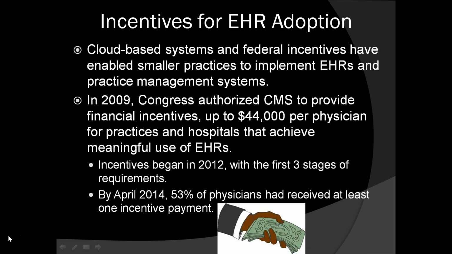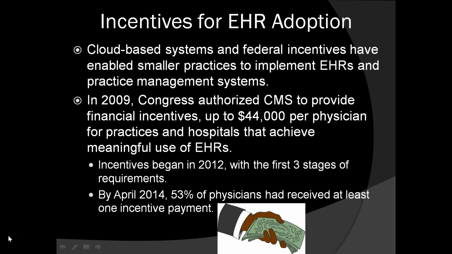So now let's talk about the incentives for electronic health record adoption. Cloud-based systems and federal incentives have enabled smaller practices to implement EHRs in practice management systems. In 2009, Congress authorized CMS to provide financial incentives of up to about $44,000 per physician for practices and hospitals that achieve meaningful use of electronic health records.